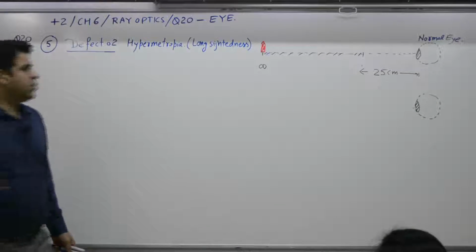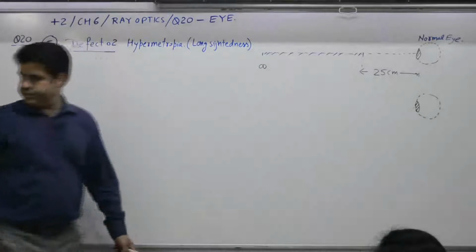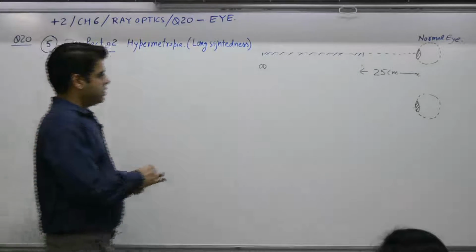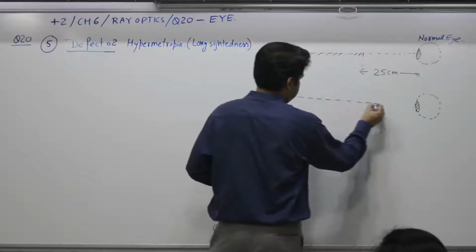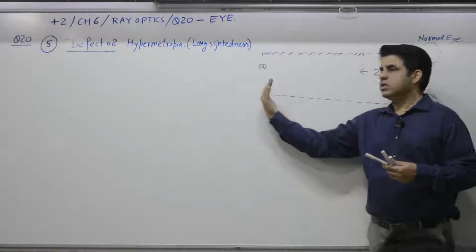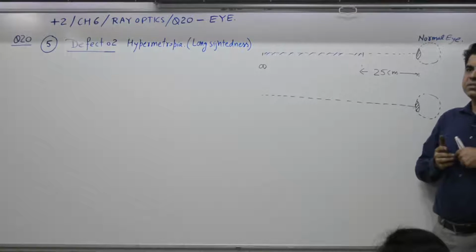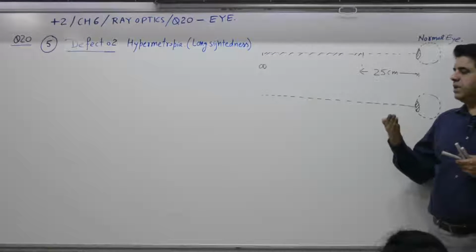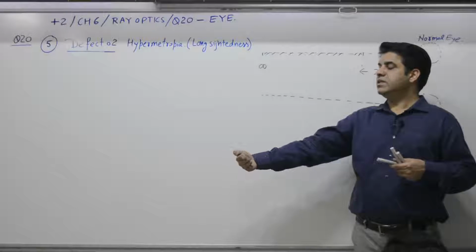So range for normal eye is 0 to infinity. For this person, yes, this fellow can see long distances, but nearby distances, there is a problem. This person will have a tendency, reading book at this distance, will shift it at a certain distance.